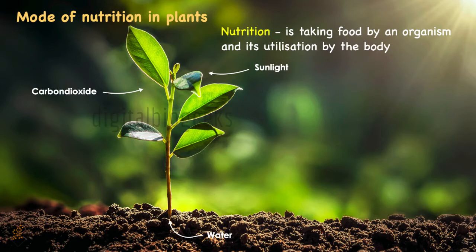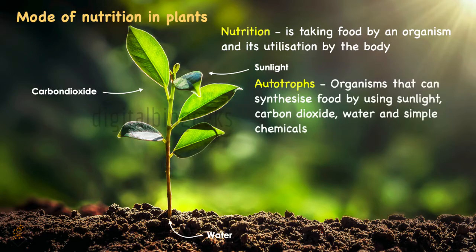damaged parts. The organisms which can synthesize food by using sunlight, carbon dioxide and simple chemicals are known as autotrophs. Autotrophs can synthesize their own food. Auto means self and trophos means nourishment.